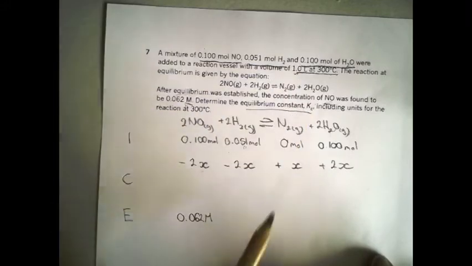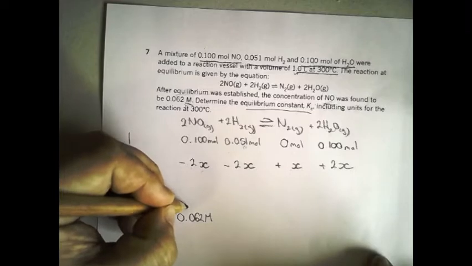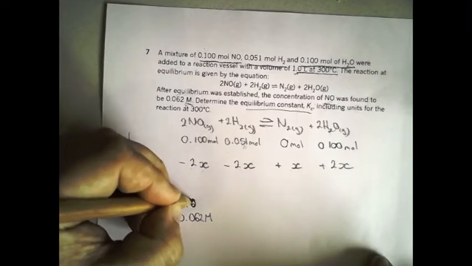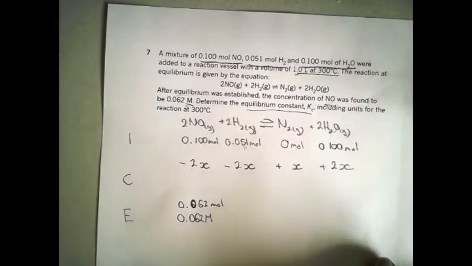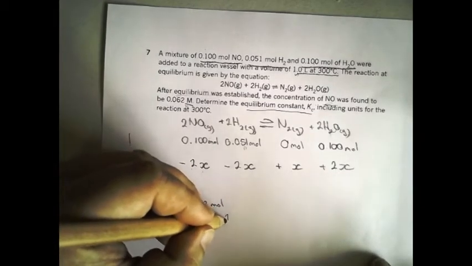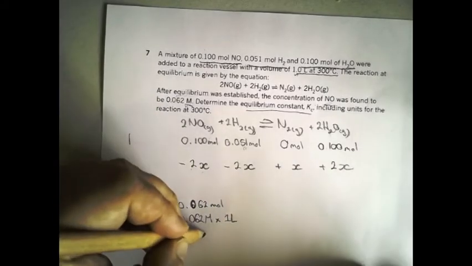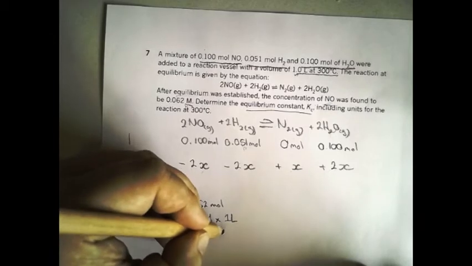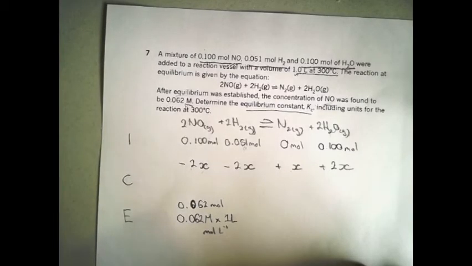We know that's a 1 liter container, so it ends up being 0.062 moles. Remember that molar is the same as mole per liter. Times that by 1 liter, and then you end up with moles.